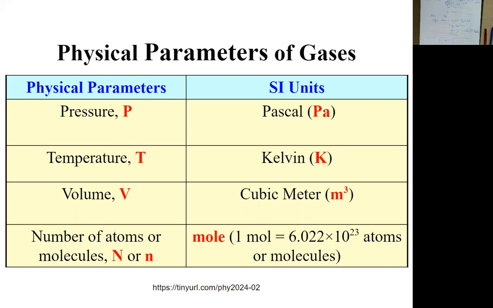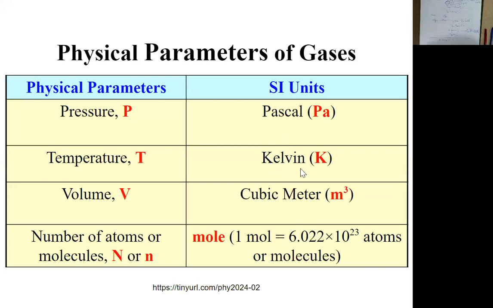Volume has an SI unit of meters cubed. So pay attention to these SI units. A lot of times you might not be getting pressure in Pascal. It might be in millimeters of mercury, or ATM, which stands for atmospheric pressure, or sometimes bar, which is 10 to the fifth Pascal.